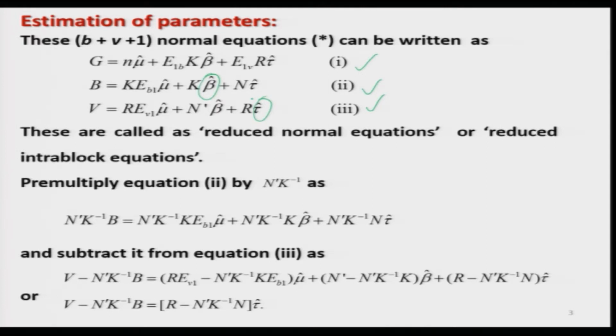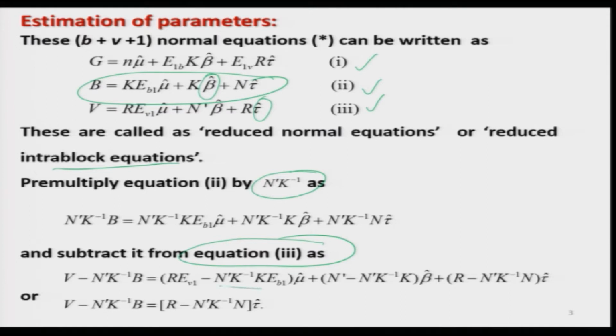We had opted for the first approach in the earlier lecture: from this reduced normal equation or reduced intra-block equation, we pre-multiplied equation number 2 by the quantity n transpose k inverse, and then subtracted it from equation number 3, and we obtained this result, that V minus n transpose k inverse B is equal to R minus n transpose k inverse n into tau hat.